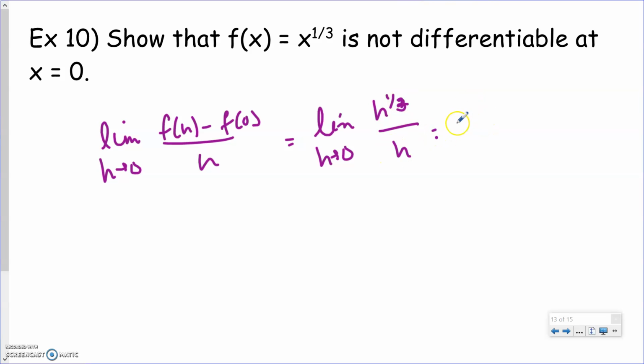And if I simplify this, remember 1 minus 1/3 would simplify that to get h to the 2/3 in the denominator. And I cannot evaluate that at 0. When I divide something by 0, I can do it as many times as I want. So the limit is infinity, which means it's not differentiable.